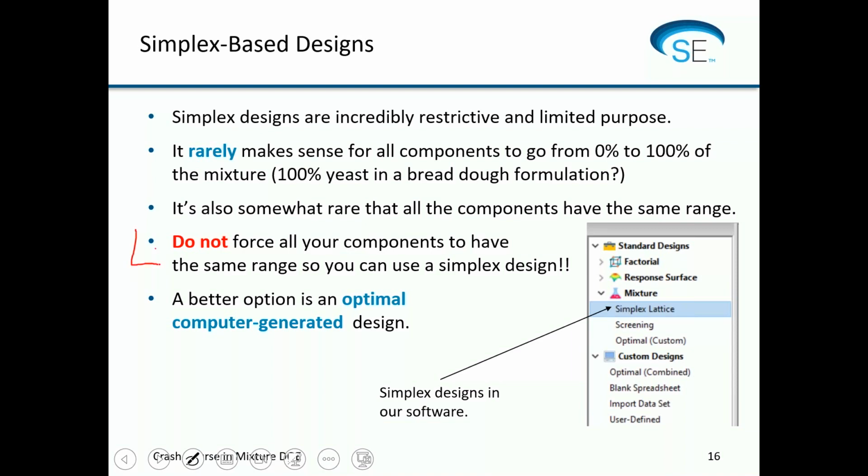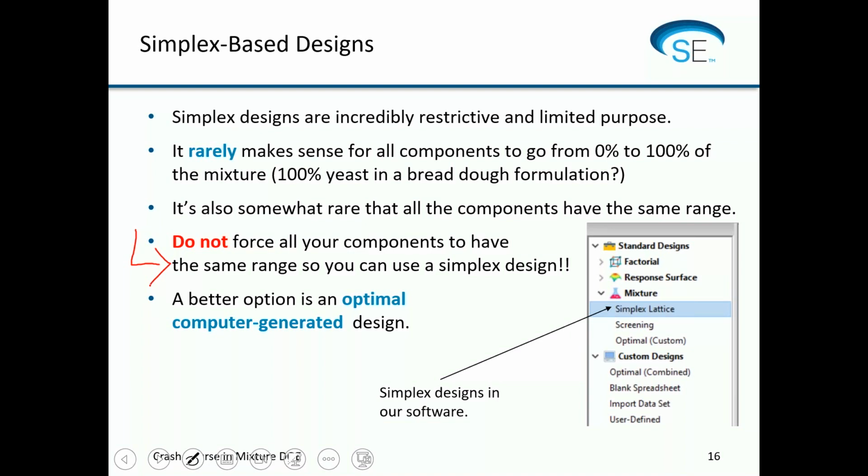And here's an early tip. Don't force all your components to have the same range so that you can use a simplex design. I see this all the time. When I'm working with response surface designs, I often see people changing their problem so that they can use a central composite design. Every once in a while, I'll see somebody changing their mixture problem.